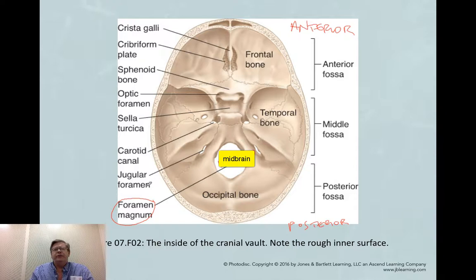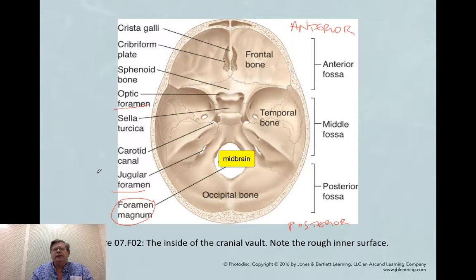Each of these other foramens, like the jugular, the optic, these are all indicative of the way that the arterial supply, the blood supply, makes contact with the meninges around the protective surface of the cerebrum.